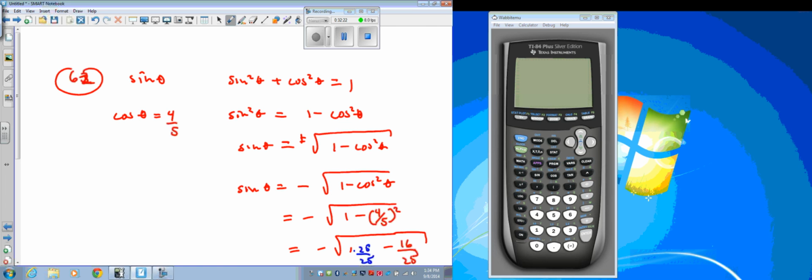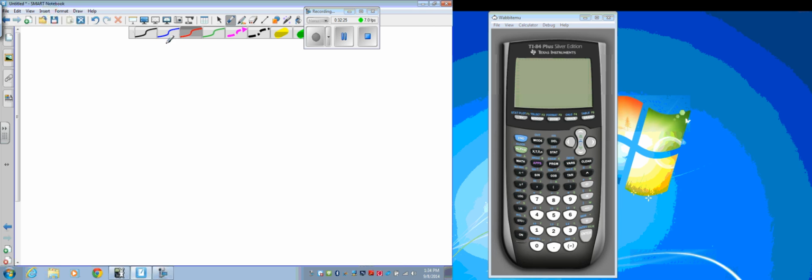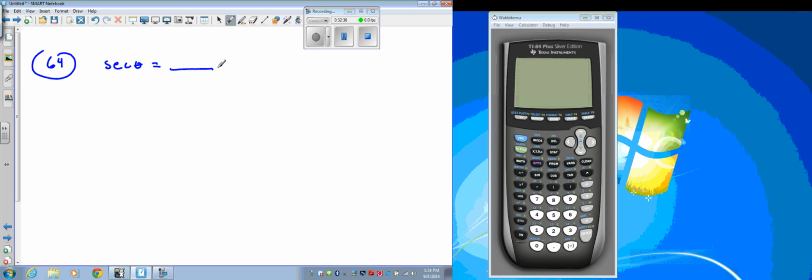All right. 64. They want to know what secant is when you're given tangent. Now, which one of those identities that were given to you relates secant with tangent?